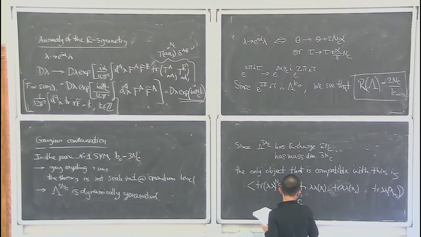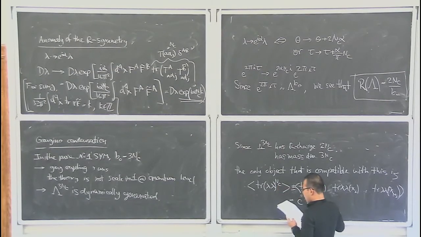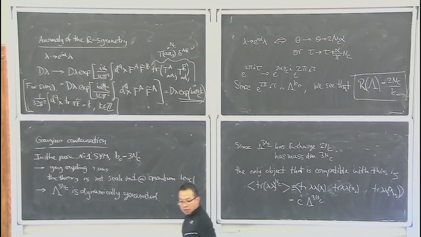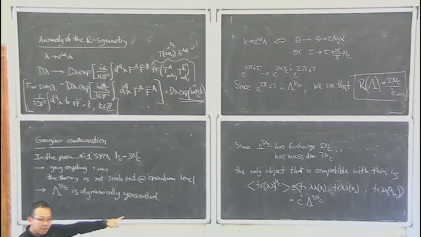This should be some constant, lambda to the 3nc. Okay? So this is just simply using R charge, holomorphy, and mass dimension to constrain this, to get this equation.